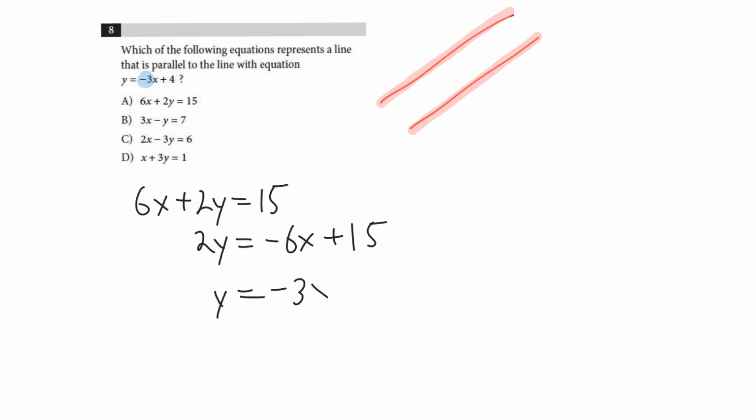We get negative 3x plus 15 halves, or 7.5. And we can see that this slope is negative 3, so that must be our answer. This equation is parallel to the given equation.